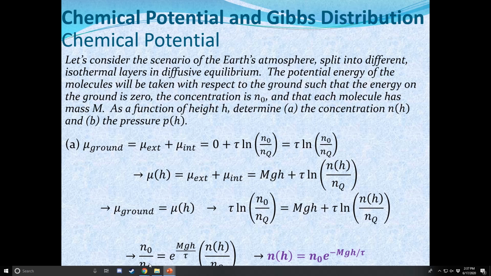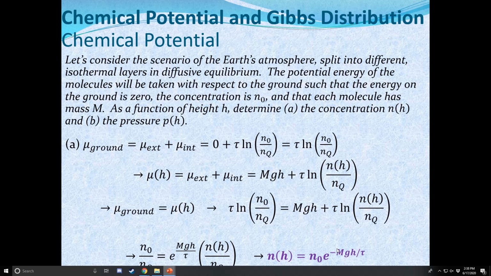I want to say it's, oh, I think it's nQ. That's it. So this is N0 over nQ. Instead of combining the ln terms, I guess I just threw in the e just to get rid of them right off the bat. Doesn't matter. It would have gotten you the same thing either way. But what you end up getting for the concentration as a function of height is this. So it ends up being N0 e to the negative mgh over tau.